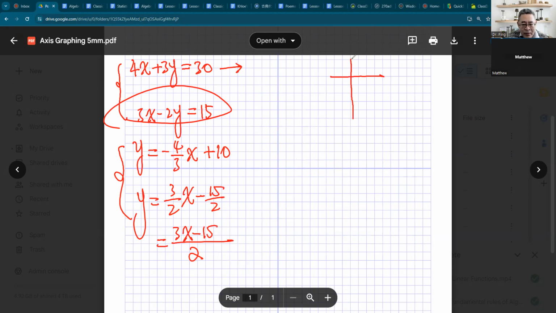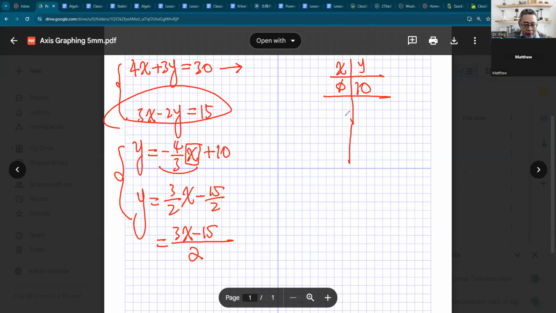For the first one, we know if x is 0, then this part is 0, y is 10, right? And now writing this form helps a lot. As long as x is a multiple of 3, y will be an integer.